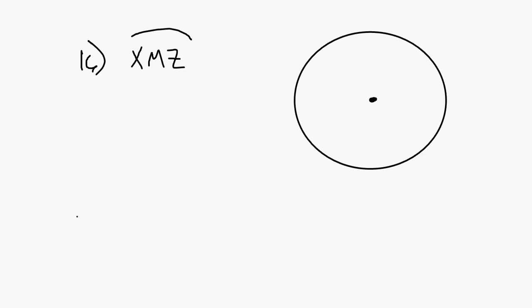So you've got this picture, and you've got X, Y, Z. You got an M down here. This top central angle is 123, and your radius is 11.2.